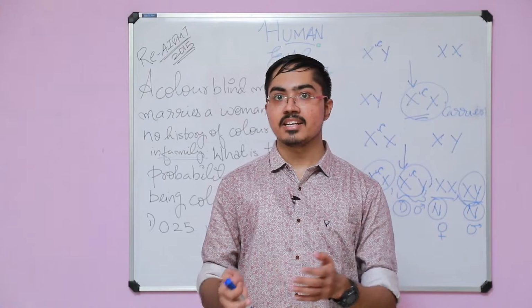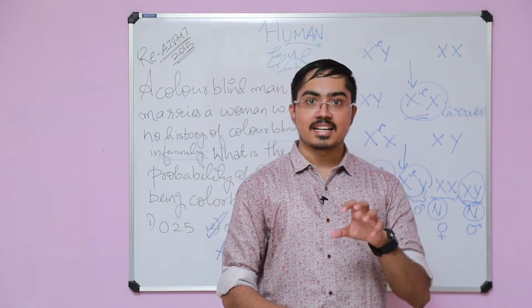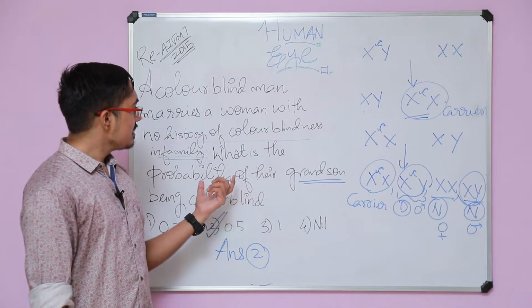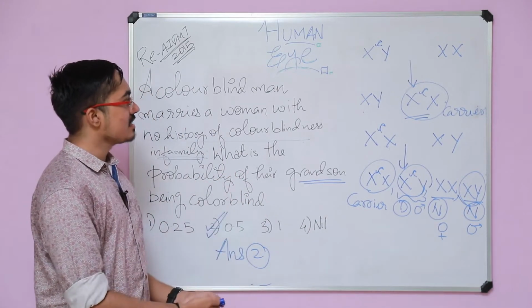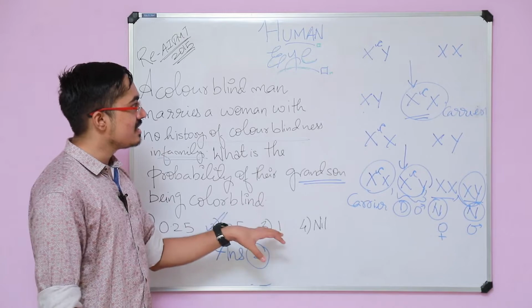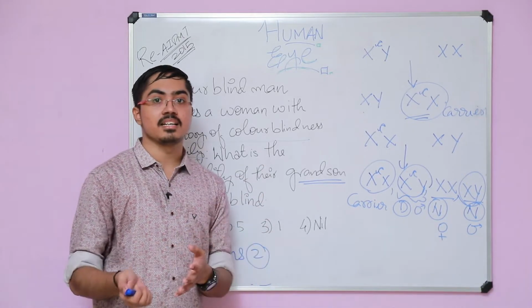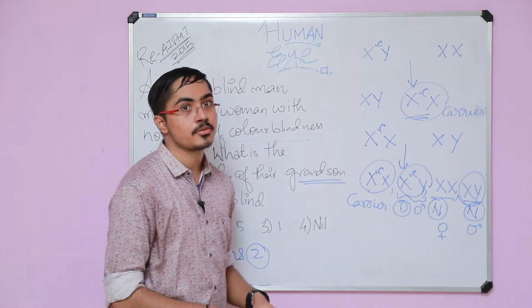If you have any difficulty, it can even be fatal for the patient. So color blindness is very serious, but it is not a disease as such, it is just a trait. I don't want to call it a disease; it is a trait with which a person is not able to distinguish between red and green color, but it has a lot of implications on social life.